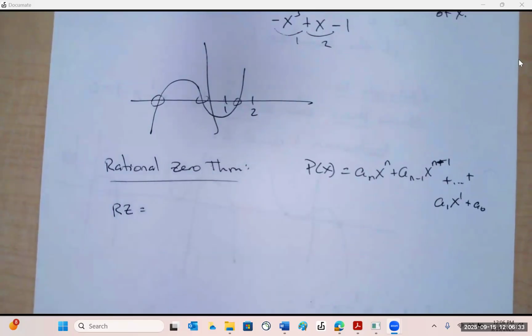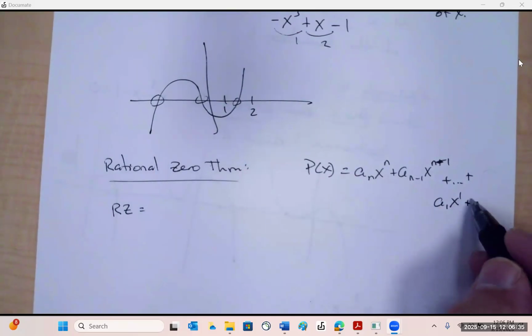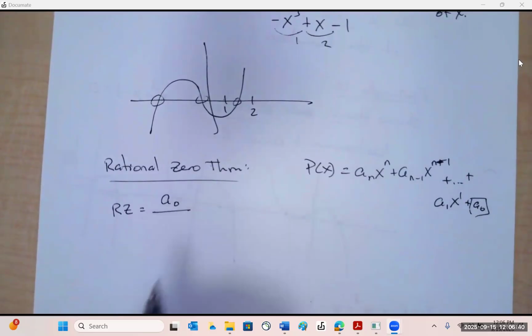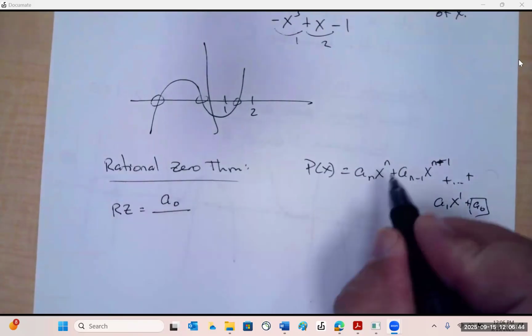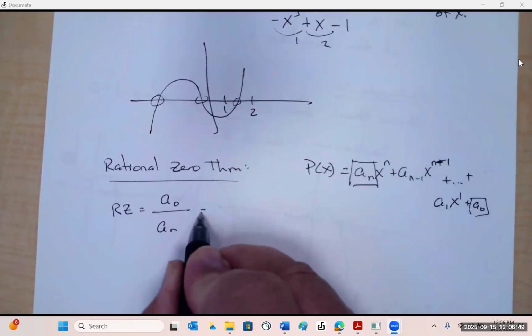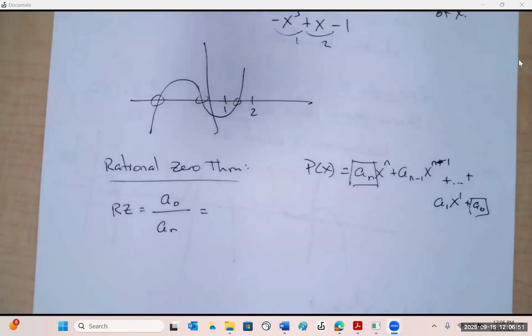The rational zeros tell us, take the last term, the constant, divided by the leading coefficient, and factor them out.